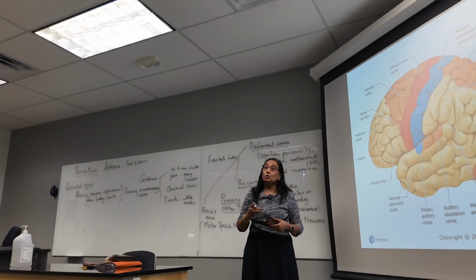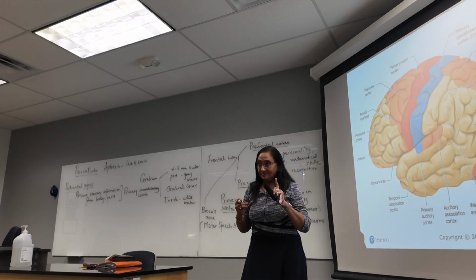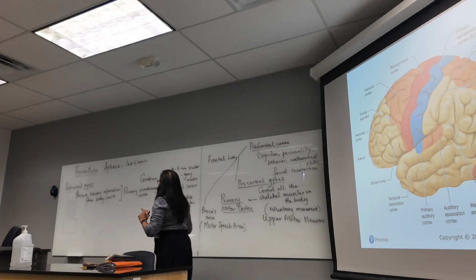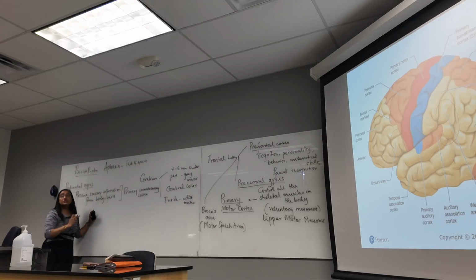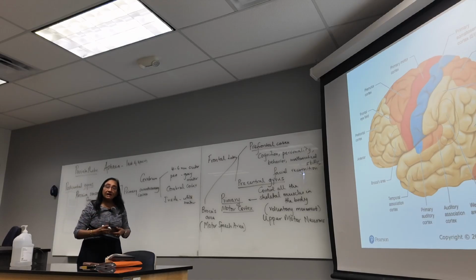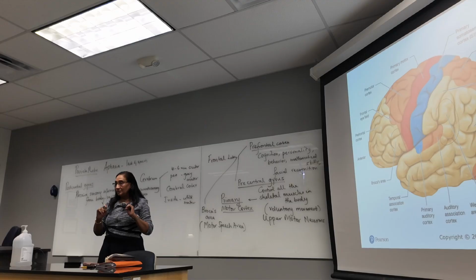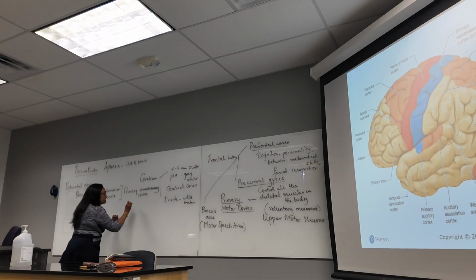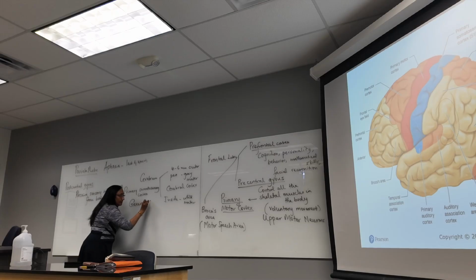Okay. So what are the sensations that reach this region? That's the next question. So the sensations that reach the primary somatosensory cortex are sensations that arise from your skin and deeper tissues. What we call general sensations.